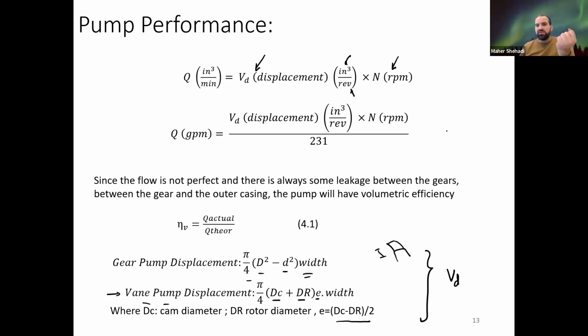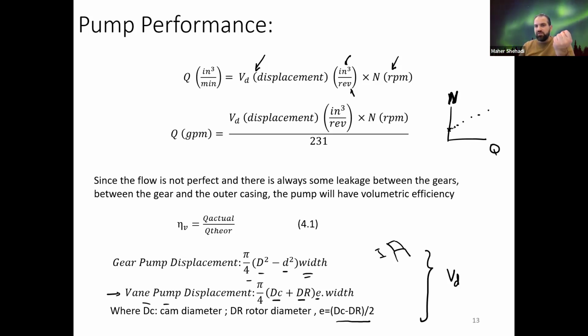We actually did it in 230, in one of the labs, the pump. We take a couple of measurements, and then I'm showing here the speed of the pump versus the flow rate.